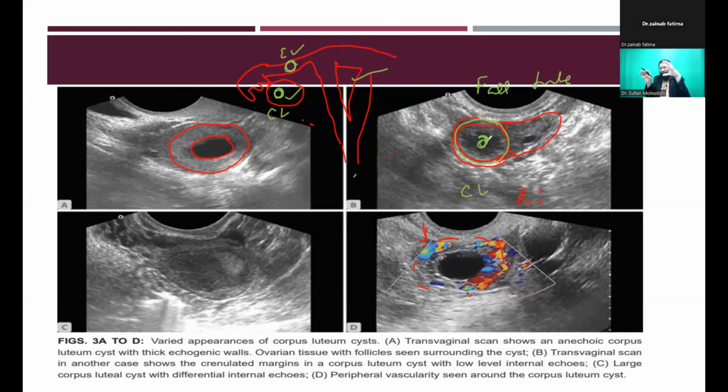One is the fallopian tube ring of fire, and second is the corpus luteal ring of fire sign. So in this case, an ovarian ectopic should not be labeled unless you see a fetal pole or yolk sac within it. When you are able to see either of these structures, only then label it as ovarian ectopic, or else no. Or else it's better to follow it up.